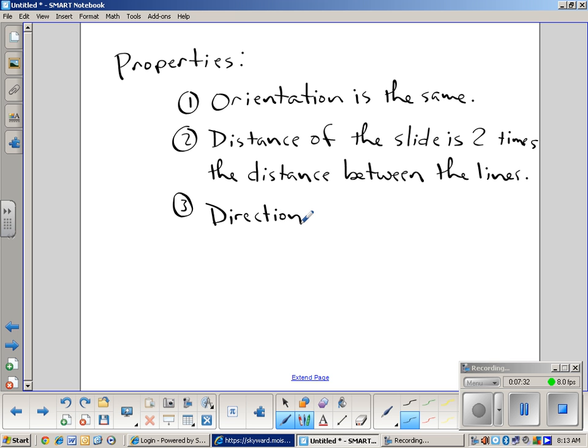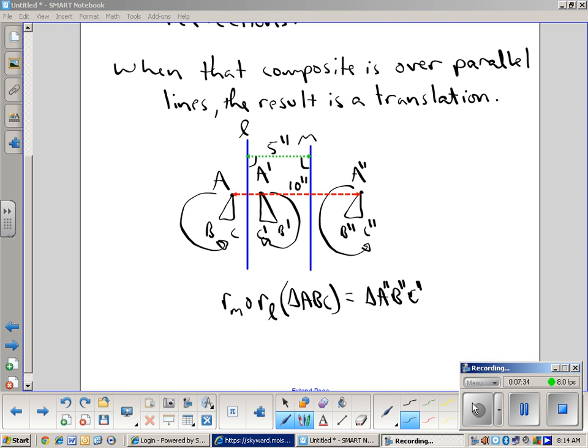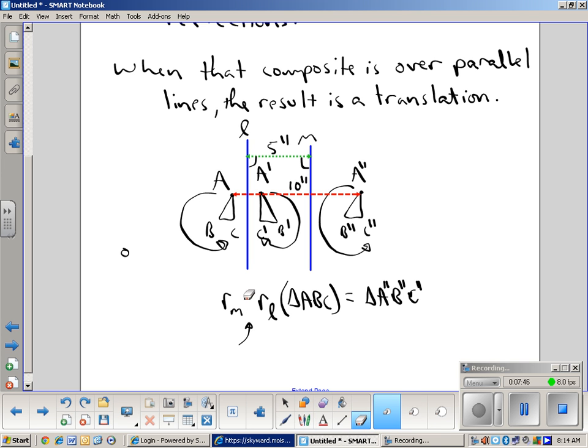So the direction, let me pause. This little symbol right here is a composite symbol. I didn't draw it very neatly, it's just a little circle. In fact, we'll just replace that. That looks better.